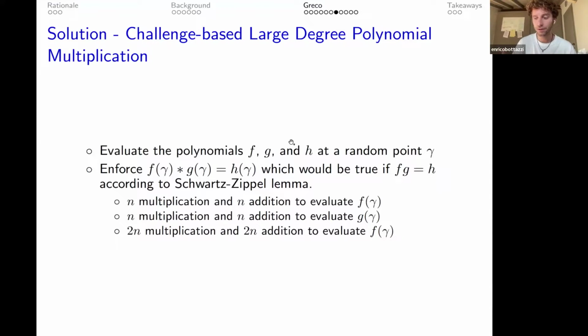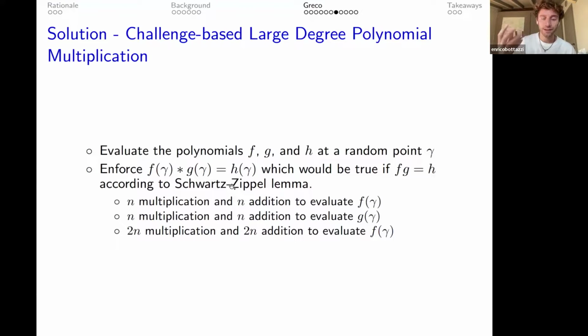And this trick is based on the Schwarz-Zippel lemma, which basically says that if you want to check that a relation is true, for example that f times g equals h, which are three polynomials, you don't need to check this relation in polynomial form.